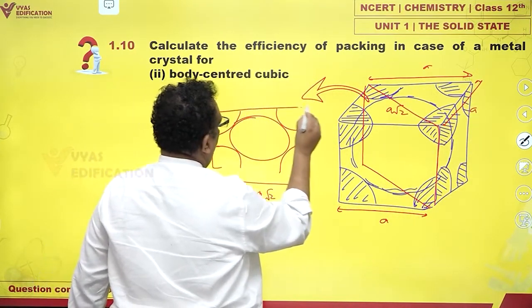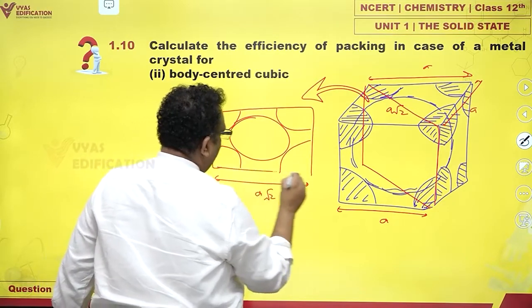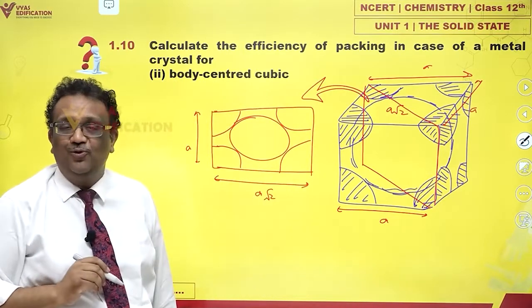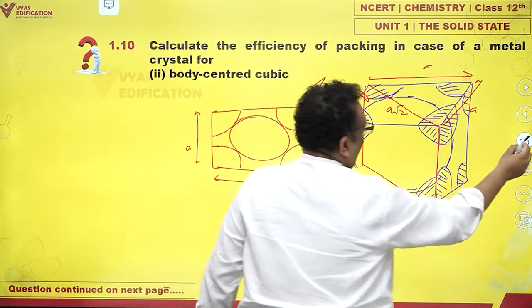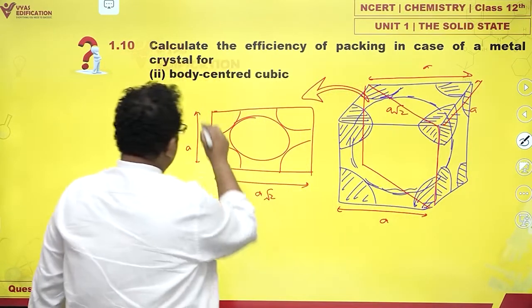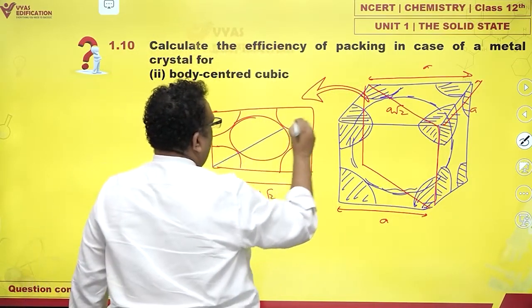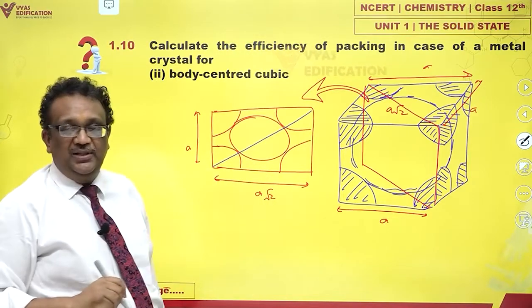Let me draw it in some more systematic and clean fashion. Yeah, this is what it looks like. What about the other edges? This is A root 2, and hail Pythagoras.